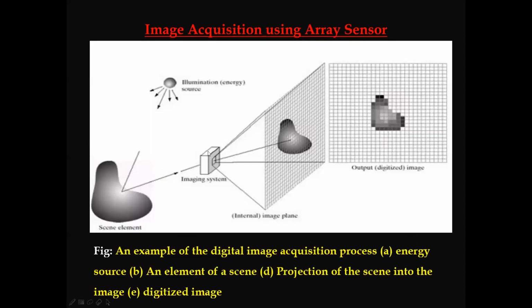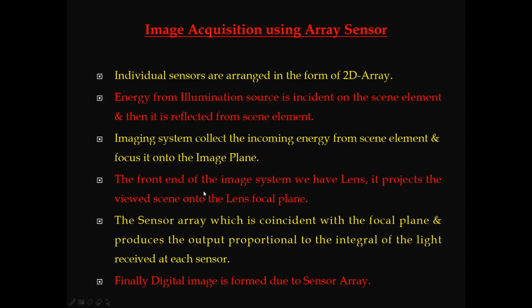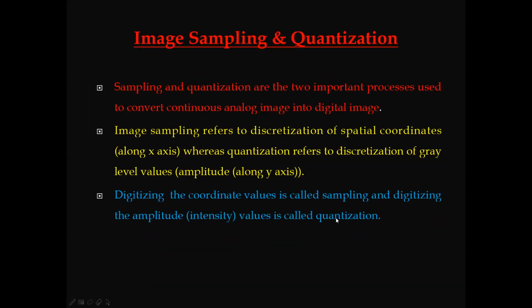At the front end of the imaging system, we have a lens that projects the viewed scene onto the lens focal plane. The sensor array, which is coincident with the focal plane, produces an output proportional to the integral of the light received. So finally, we will get a digital image with the help of a sensor array also.